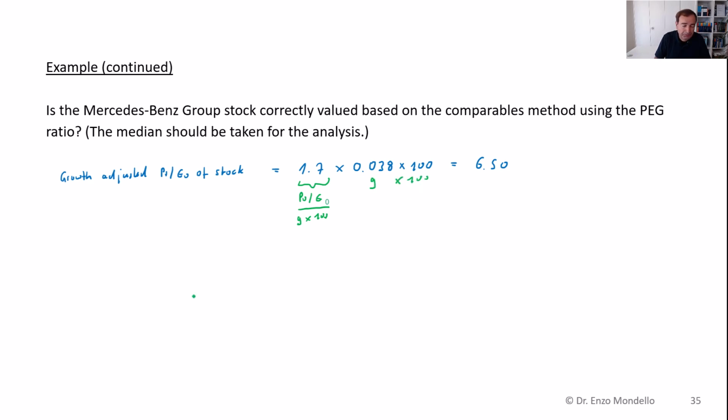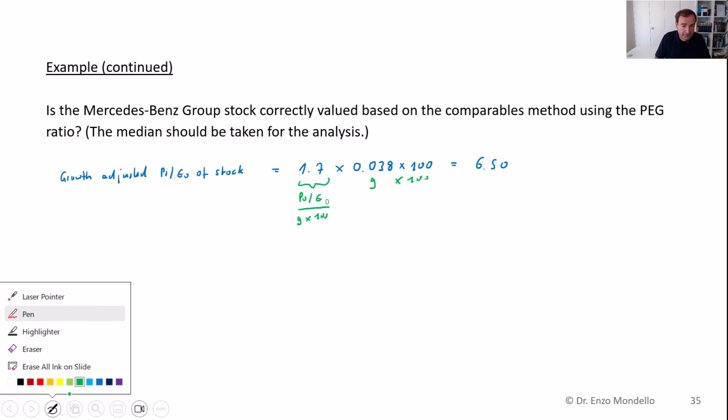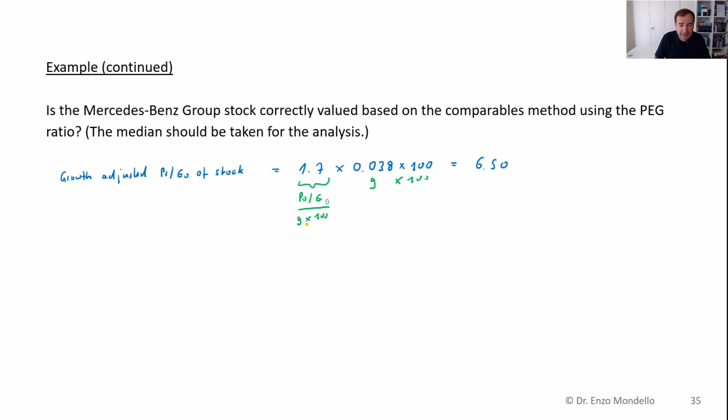So you see that the growth rate times 100 cancels out and we will be left then with the price to earnings ratio. So that's then the growth adjusted trailing PE ratio of the Mercedes-Benz Group stock, which is 6.5.